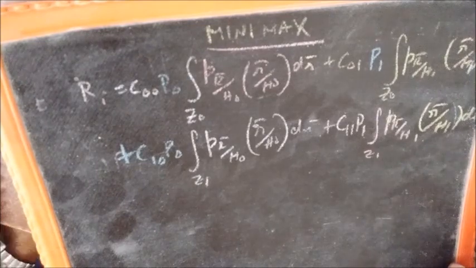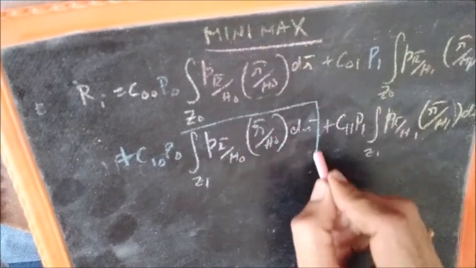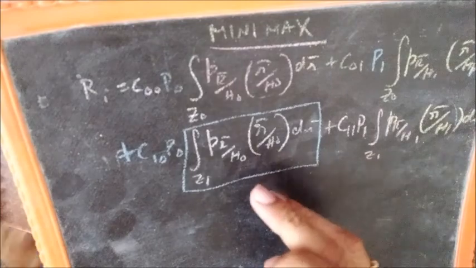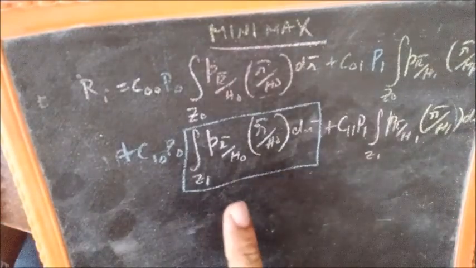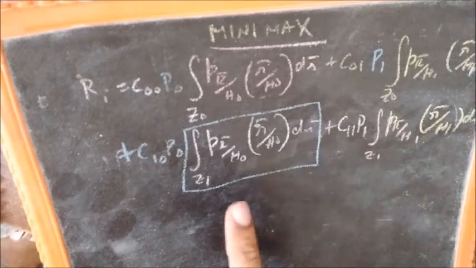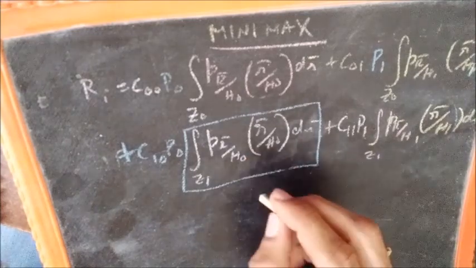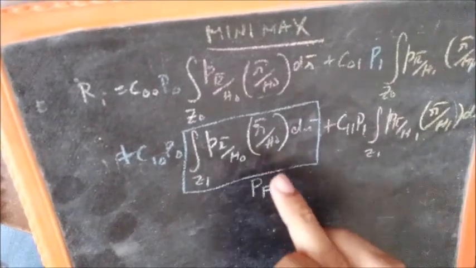Now we observe this term that you have here, wherein you are calculating the probability of declaring H1 as the true hypothesis when actually H0 was the true hypothesis. This term is actually the probability of false alarm, because you are declaring H1.